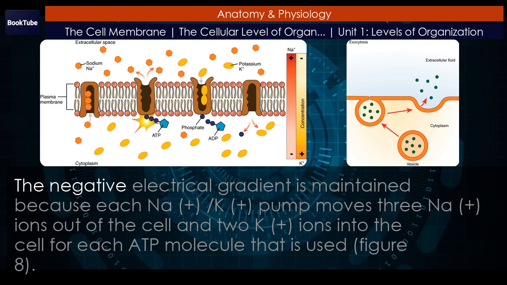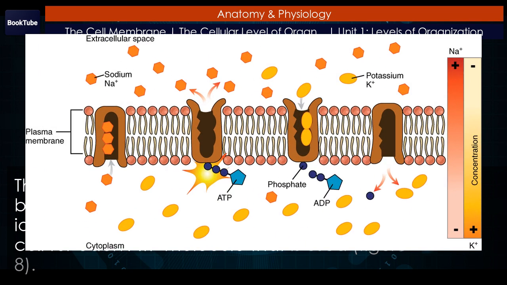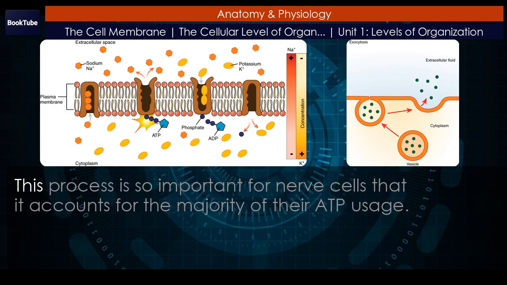The negative electrical gradient is maintained because each Na+/K+ pump moves 3 Na+ ions out of the cell and 2 K+ ions into the cell for each ATP molecule that is used. Figure 8. This process is so important for nerve cells that it accounts for the majority of their ATP usage.